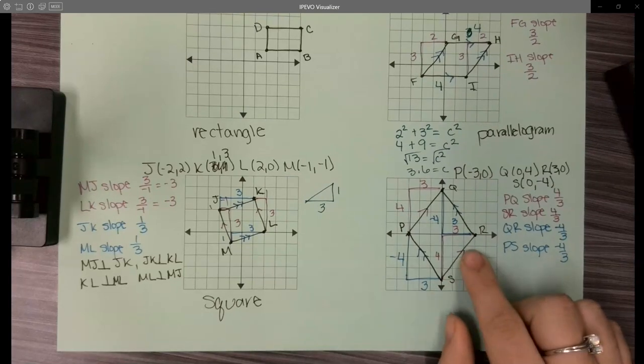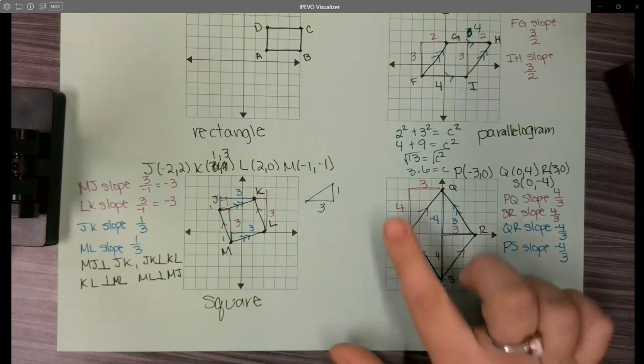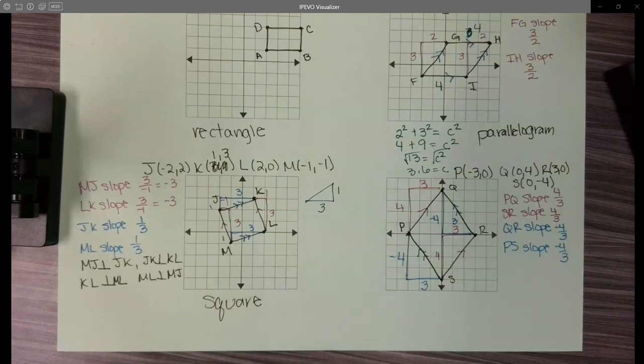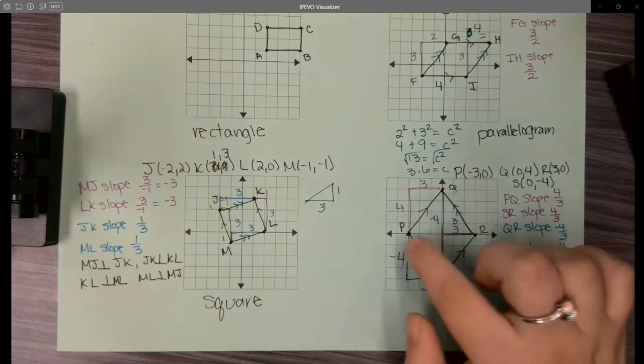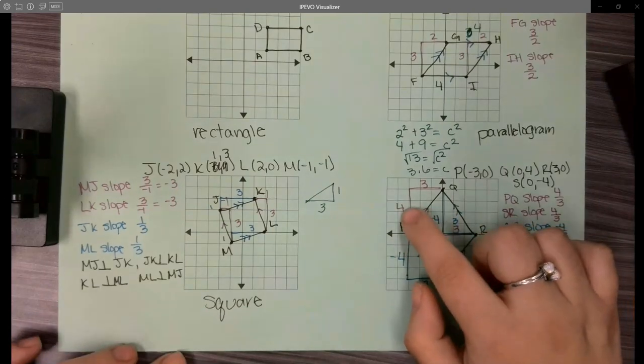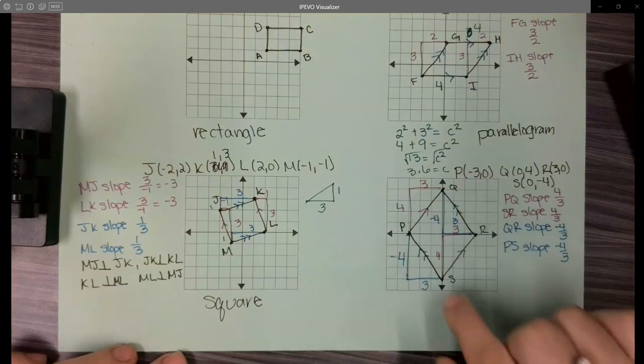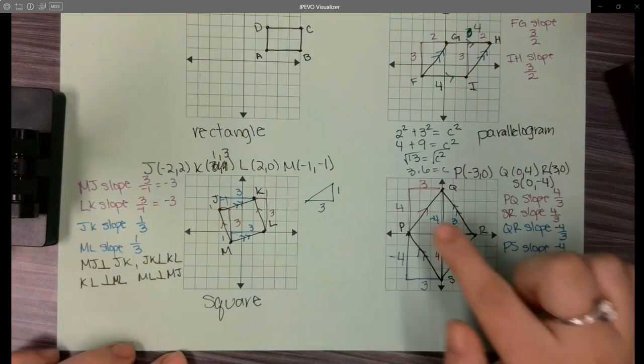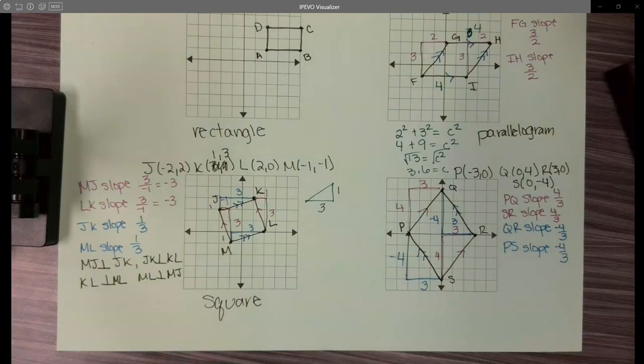Is it a square then? It's not a kite. It's actually, because it's a parallelogram, it has the parallel sides. That moves it over on that side. Is it a parallelogram or a rhombus? If I went and found all of my side lengths, all of them have triangles with 3 and 4. So that missing side is going to be the same length for all of them. So this one is a rhombus.